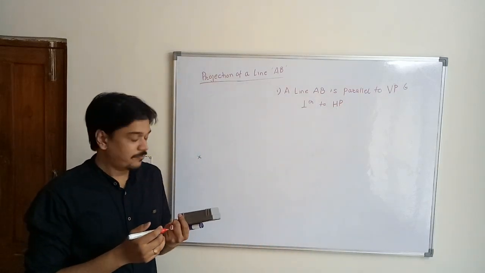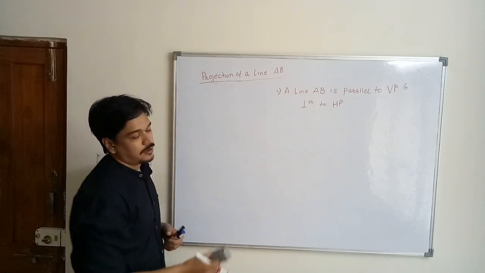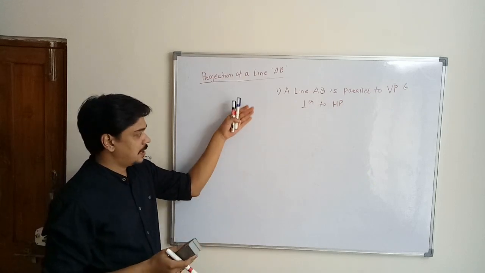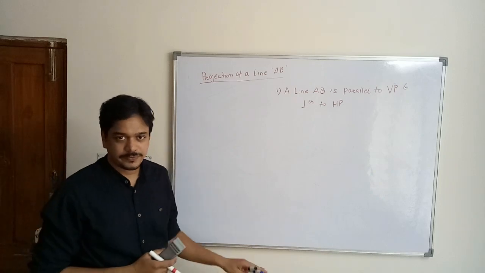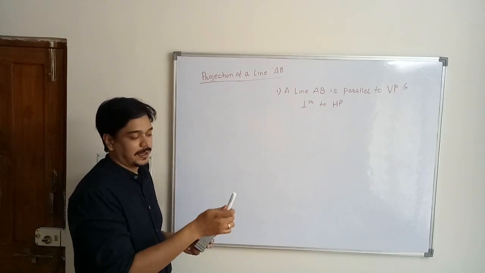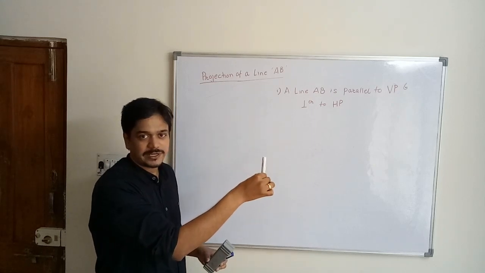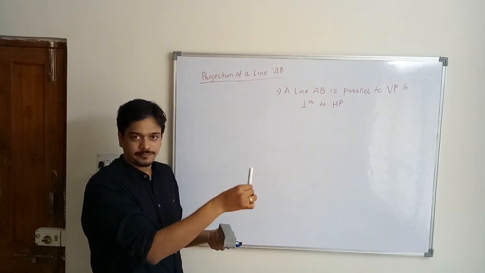So now we have to draw the shadow or view of the line. Let us consider this as a vertical plane and this as a horizontal plane. The line is parallel to the vertical plane and perpendicular to this horizontal plane.